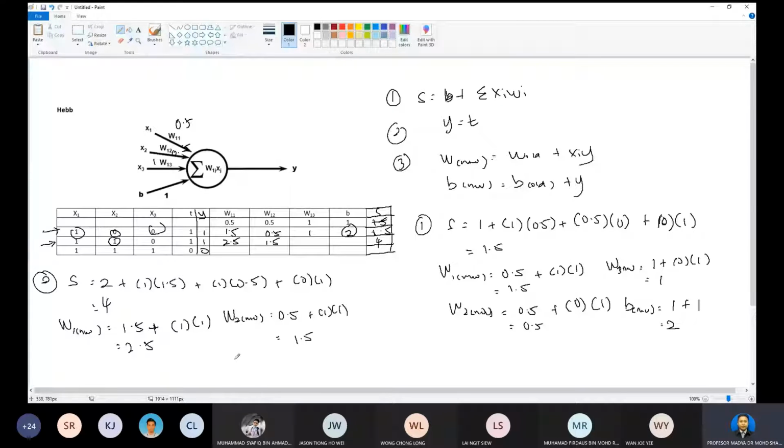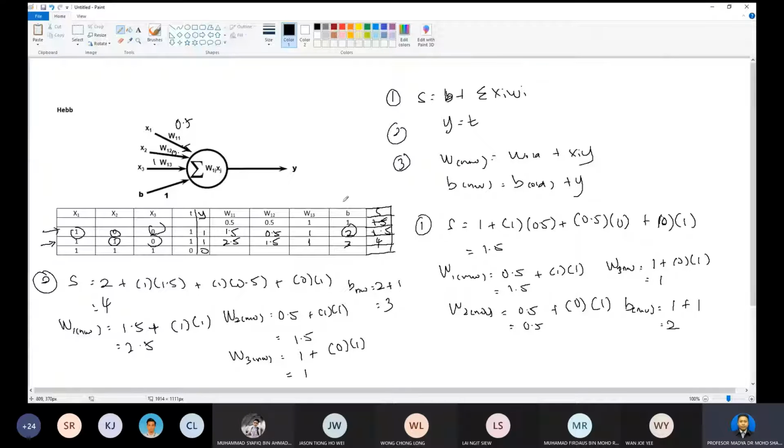Then for weight 3 new, the old is 1 plus 0, since x3 is 0, multiplied by 1. 1 is the target, so it equals 1. So this one is maintained, no adaptation for weight 3. And for the last one, the bias new, bias old is 2 plus y. Y is 1, so it will be 3.